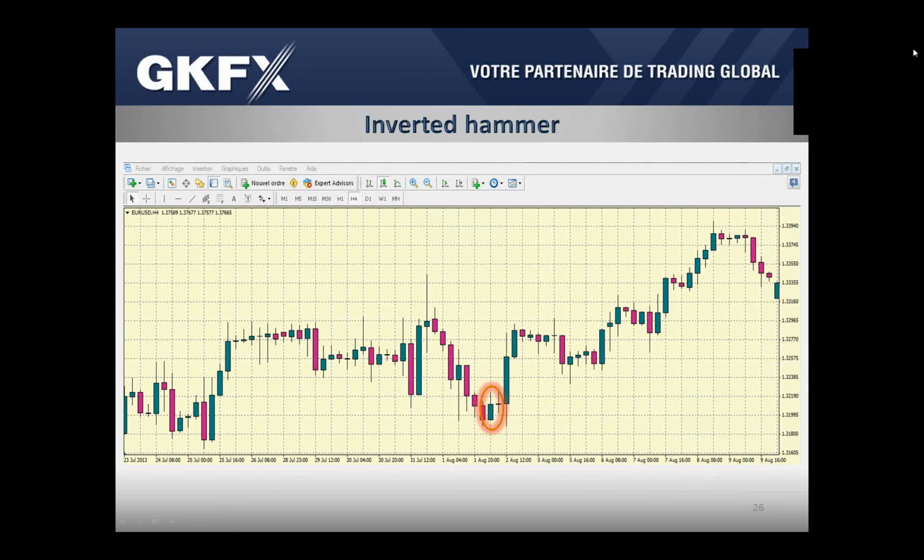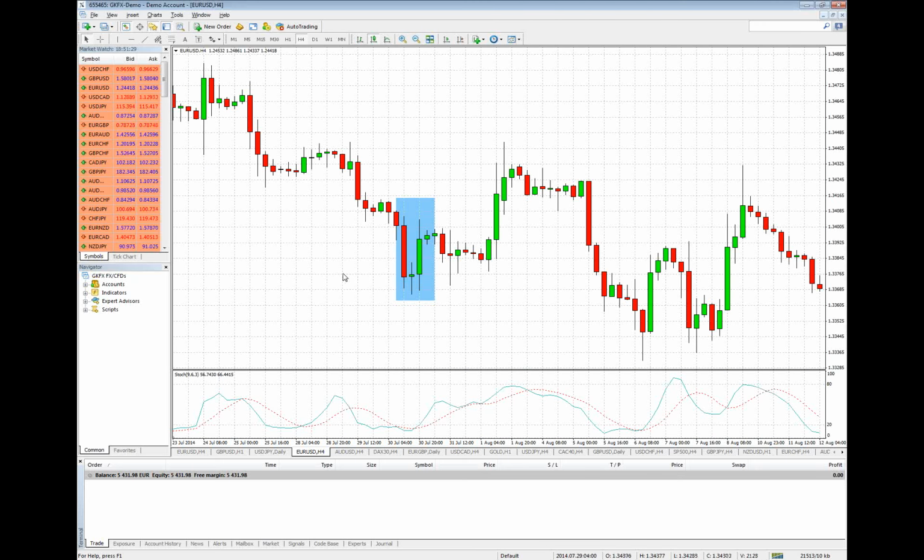Now let's switch to my platform. So I'm going to show you two fresh patterns. The first one is on EUR/USD. Here it's a very nice morning star, because the short body or doji is at the bottom.